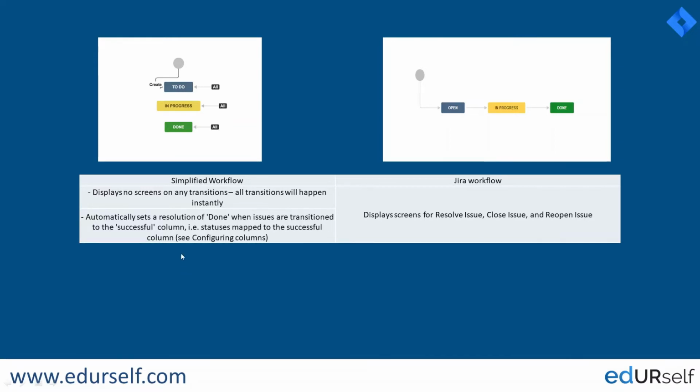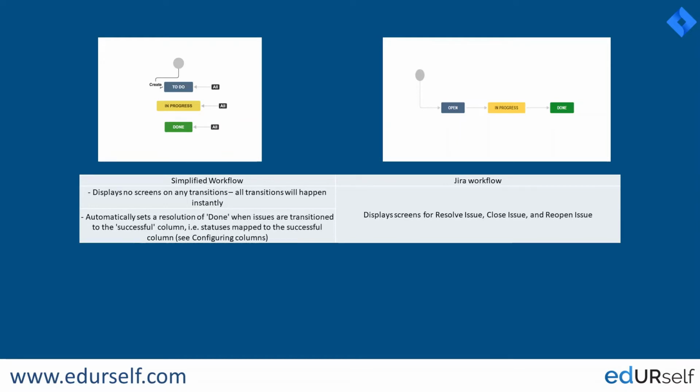When it comes to the simplified workflow, automatically whenever the issue has been moved to done, the resolution will be set to done. Do not get confused by what you mean by a resolution. We will be understanding the resolution shortly in one of the videos. When it comes to a custom workflow, we cannot set the resolution to done directly.